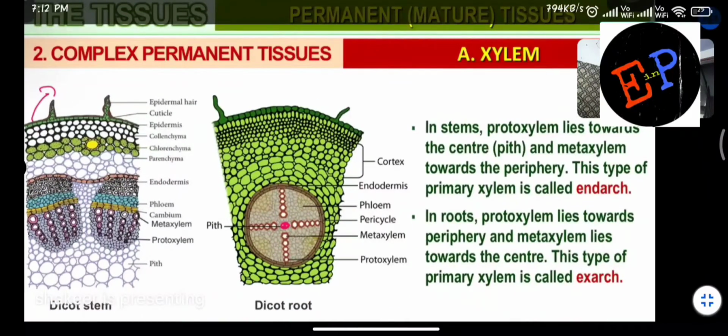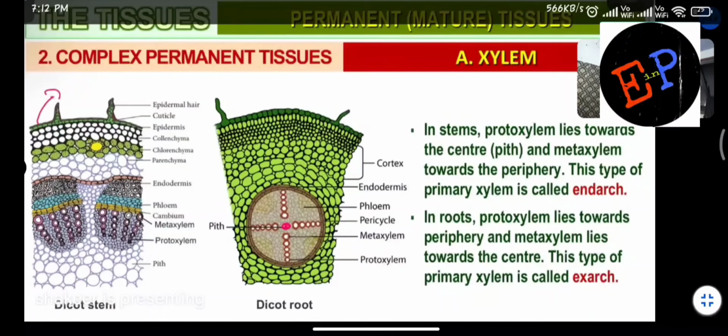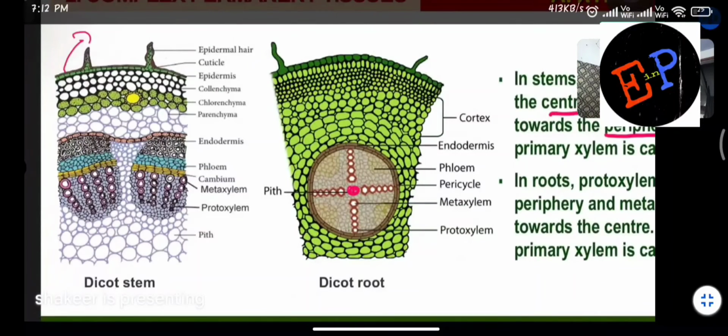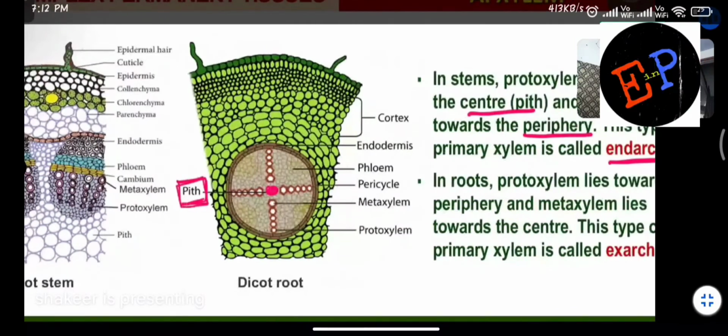So here in stems, protoxylem lies towards the center and metaxylem lies towards the periphery. This is called endarch. So what is meant by endarch? Endarch is a condition in which the protoxylem lies towards the center. And what is meant by pith here? The centermost region, the undifferentiated region, is called pith, the soft region which is also responsible for storing food material.